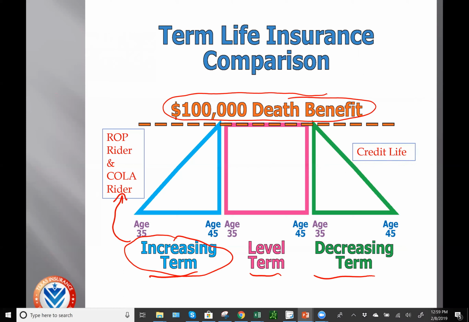A COLA rider is just a cost of living adjustment rider, which means it's going to keep pace with inflation. So they would use increasing term insurance on that one also. Decreasing term, the only time you're ever going to pick decreasing term is if somebody's gone to a bank to get a loan and they have a credit life policy.